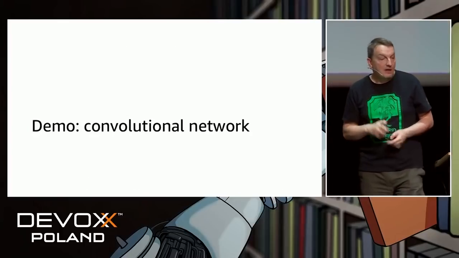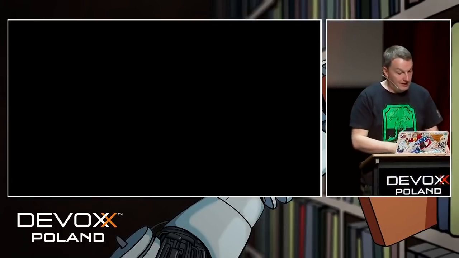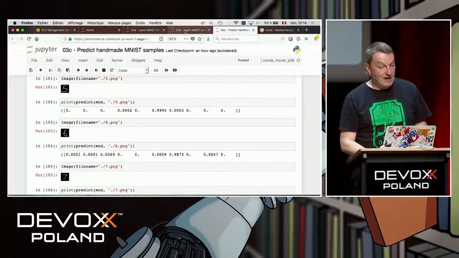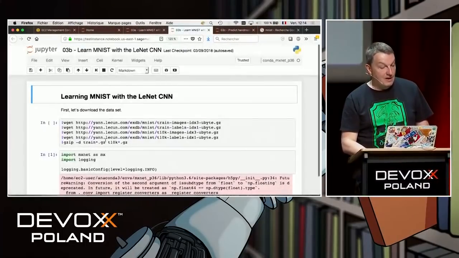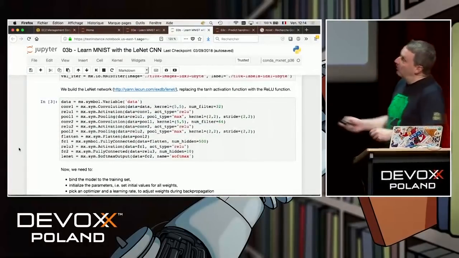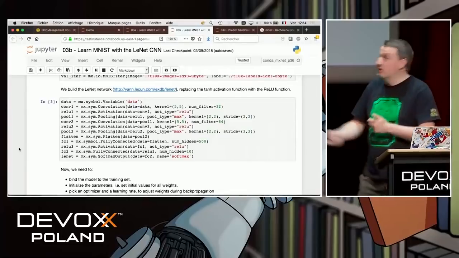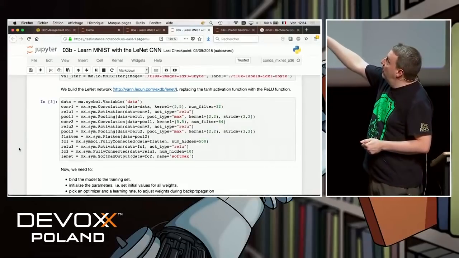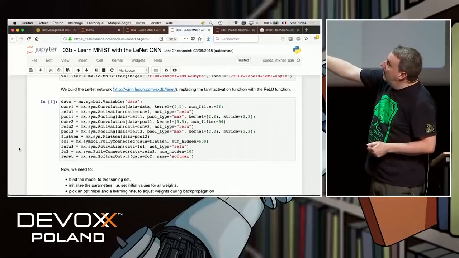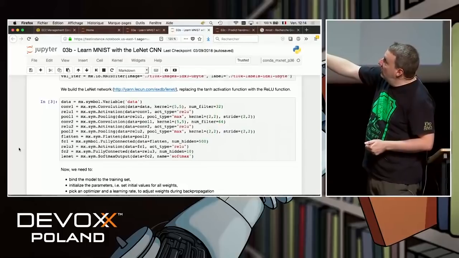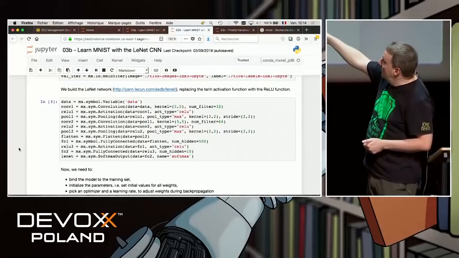That's the idea. So let's really quickly try this. We're going to try to classify the same data set, but this time with a convolution network, and it's pretty much the one you saw on the slide, right? Input layer, convolution with 32 filters, 2 by 2 pooling, convolution again with 64 filters, pooling again, 2 by 2, right?